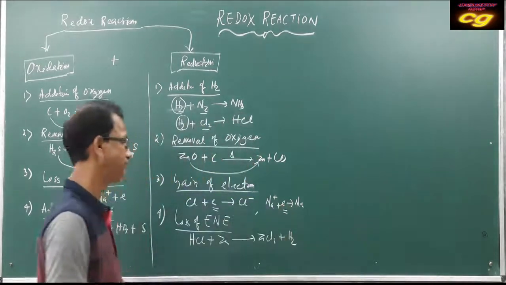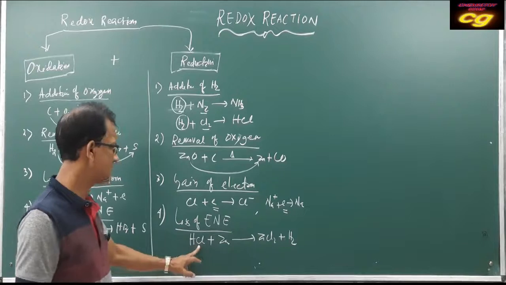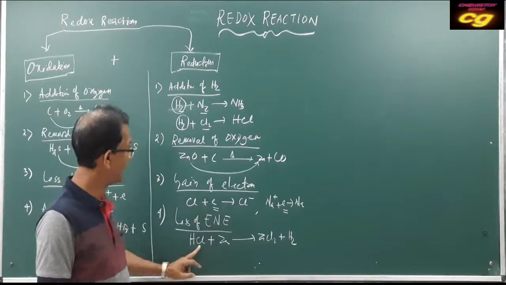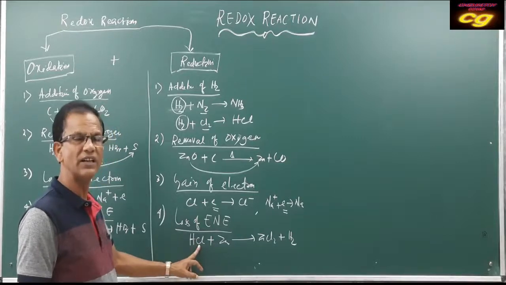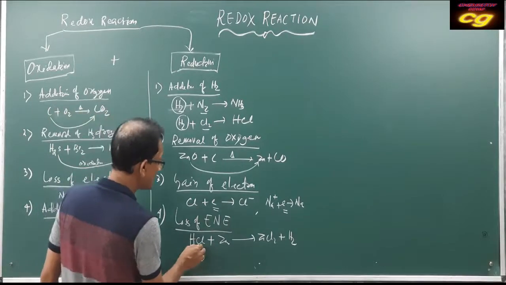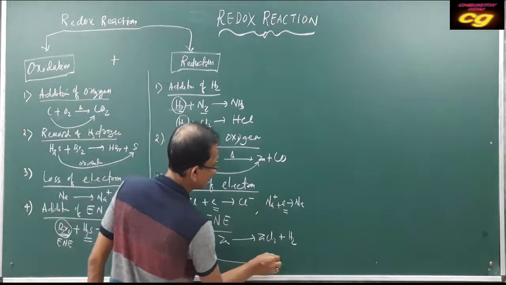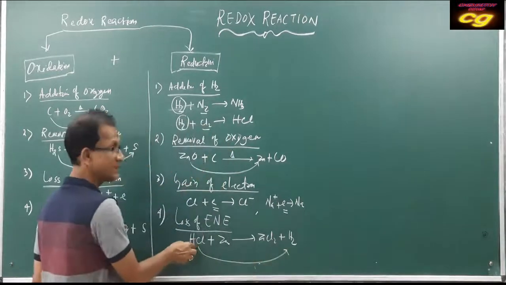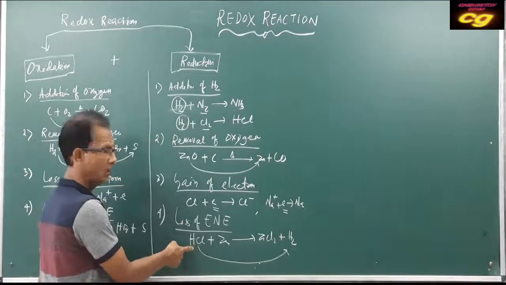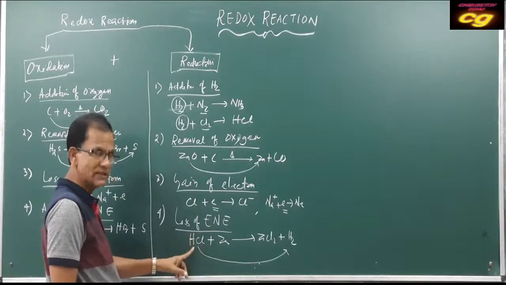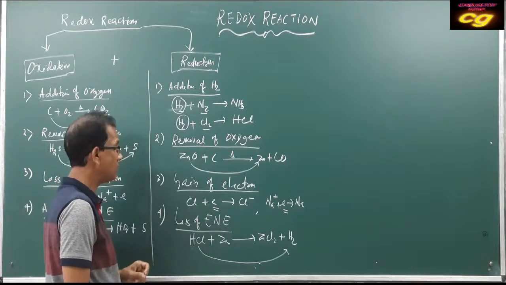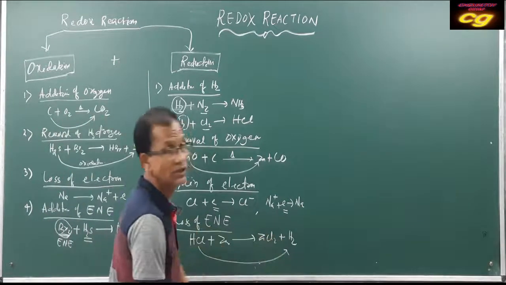Just see HCl and zinc. Here HCl contains an electronegative atom, that is chlorine. When the electronegative atom is lost, here HCl is losing chlorine, a loss of electronegative element results, that is reduction.